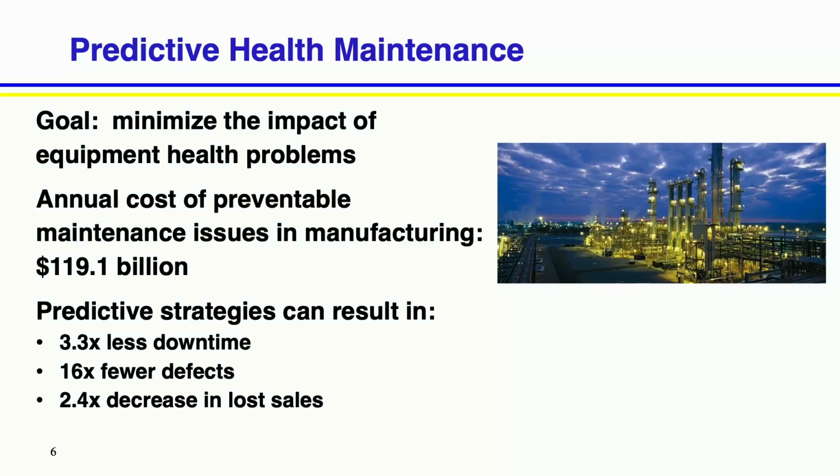So predictive health maintenance, you might imagine, is a big, important problem in industry because downtime is expensive. And most maintenance strategies in manufacturing are based on time. We do this once a week, we do this once a month, we change this part every year, et cetera.